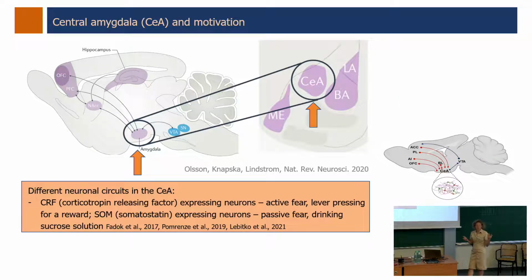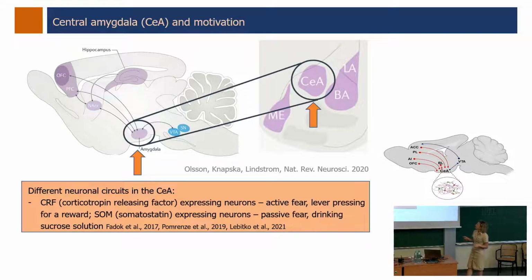For a long time, it was not clear why such a tiny structure can control so many different behaviors, as different as pressing a lever to get a food reward, or freezing behavior, which is an expression of fear in rodents.